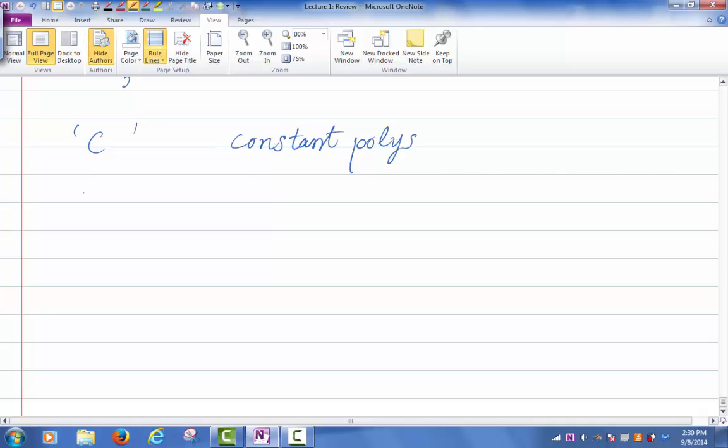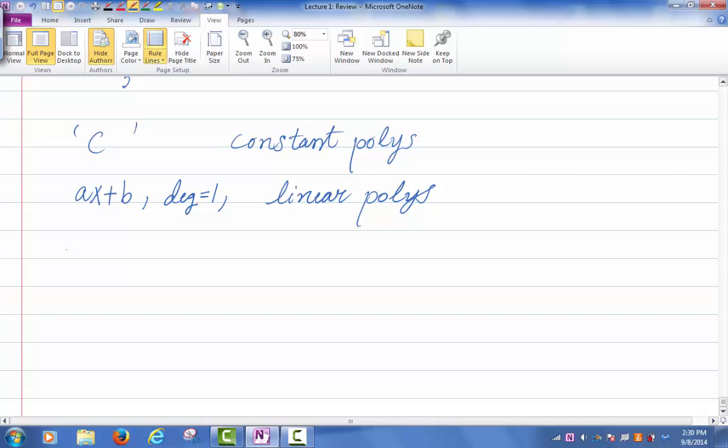And if I have a polynomial with degree 1, those are called linear polynomials. Can someone tell me why they are called linear polynomials? Their graphs are linear lines.